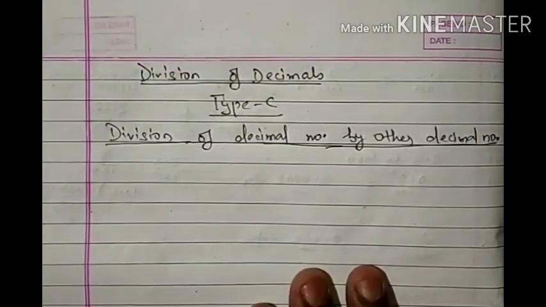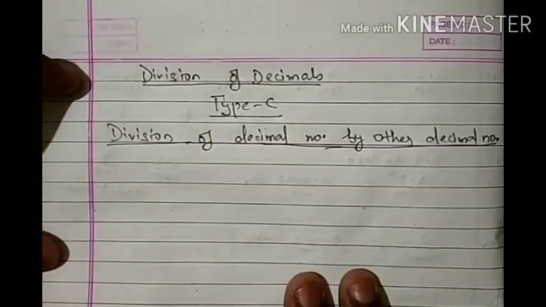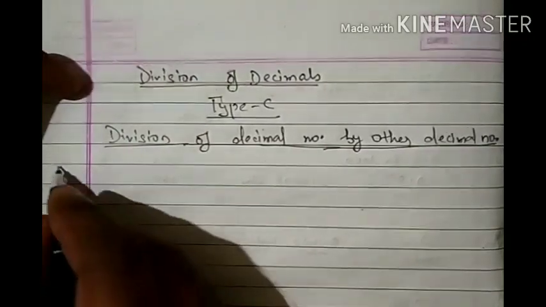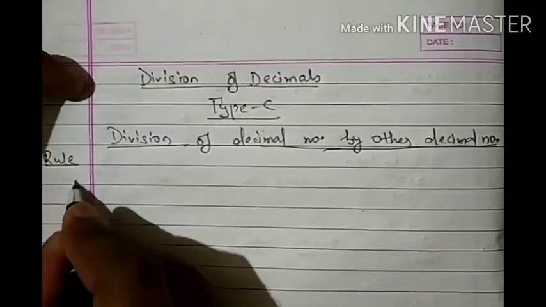Division of decimal number by other decimal numbers. Now let's start. First of all, we will study the rules. What does the rule say? Rule number 1.